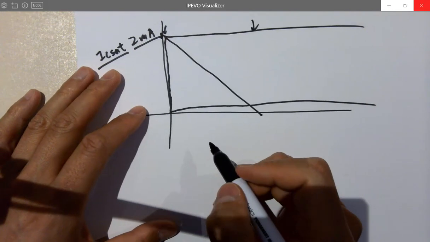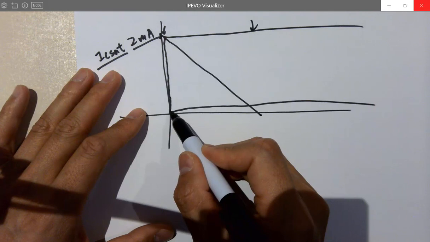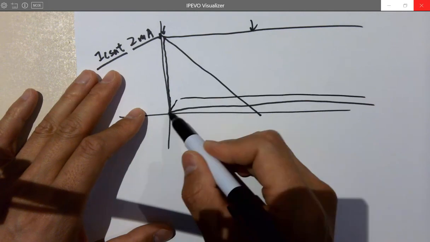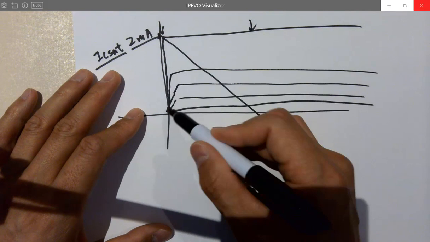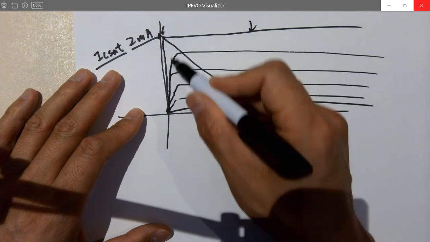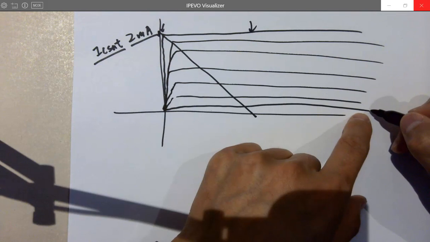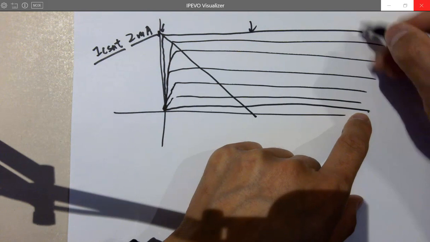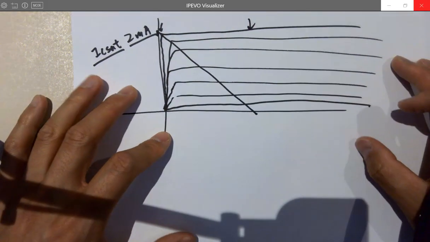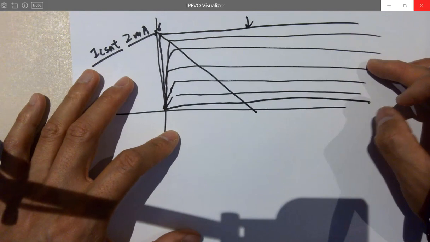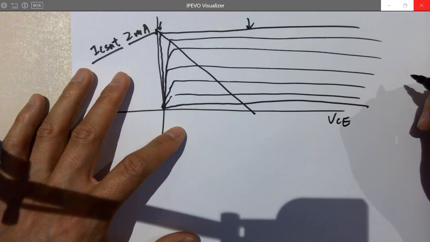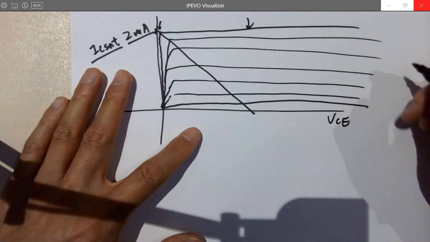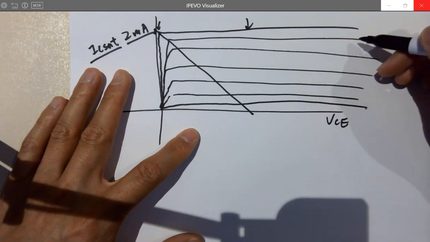And these different curves here are different what? Why are these curves different heights? What makes them different? Base current. So these are the different IBs.